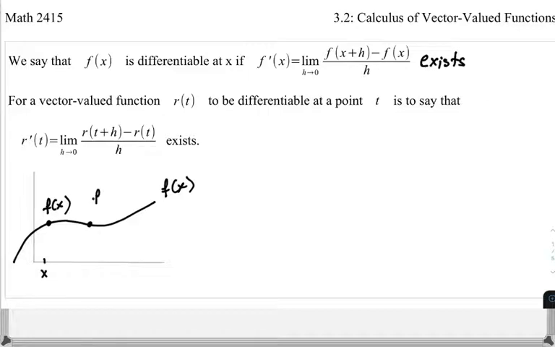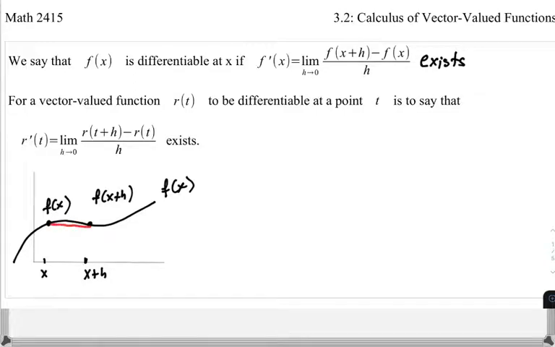And then our f of x plus h will be some point on the graph, either to the right or the left. It just depends on what h is, but we'll just assume that it's on the right here. It doesn't really matter for our illustration.